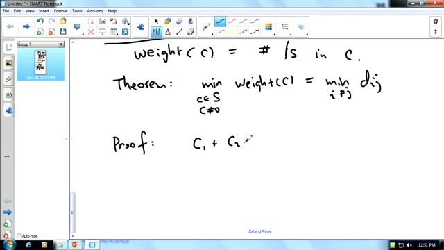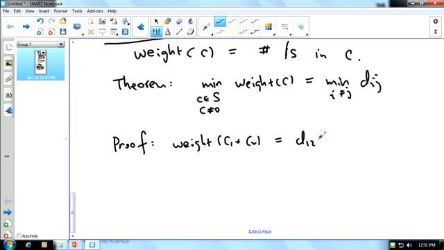If we perform the summation of two code words, C1 plus C2, we will get a new code word, okay? And I'm going to show first that the weight of C1 plus C2 equals the Hamming distance between C1 and C2. Okay? So first I'm going to show this.